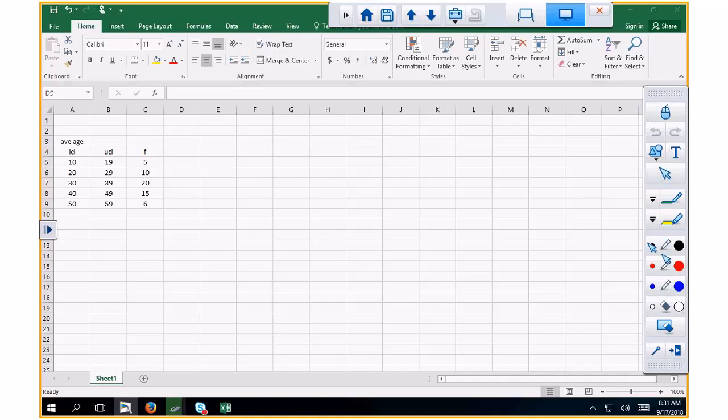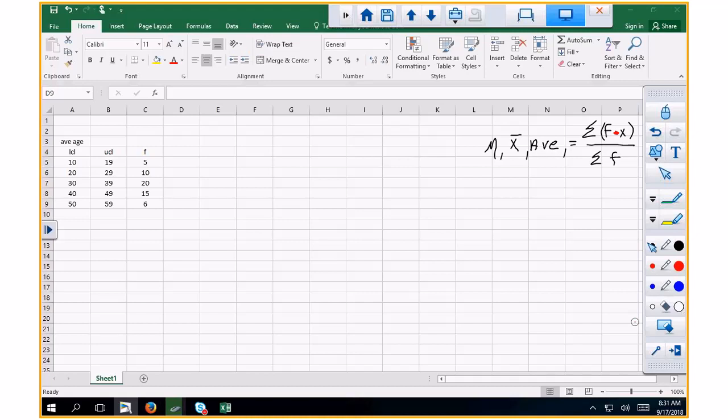So the mu, or the X bar, or the average, or whatever you want to call it, is going to be equal to the summation of F times X over the summation of F, which is N. Make sure you put that multiplication symbol there, because some of you that's had algebra might think that's F of X. So make sure you put that F times X. That's the biggest mistake that students make.